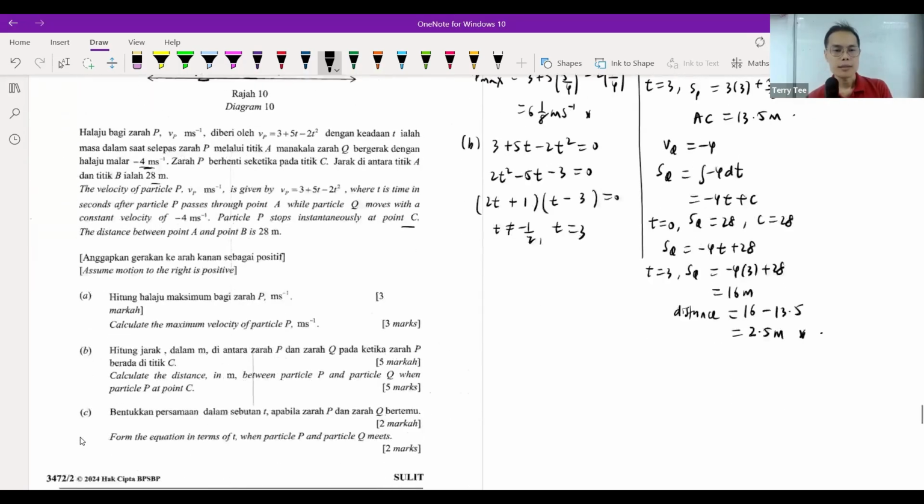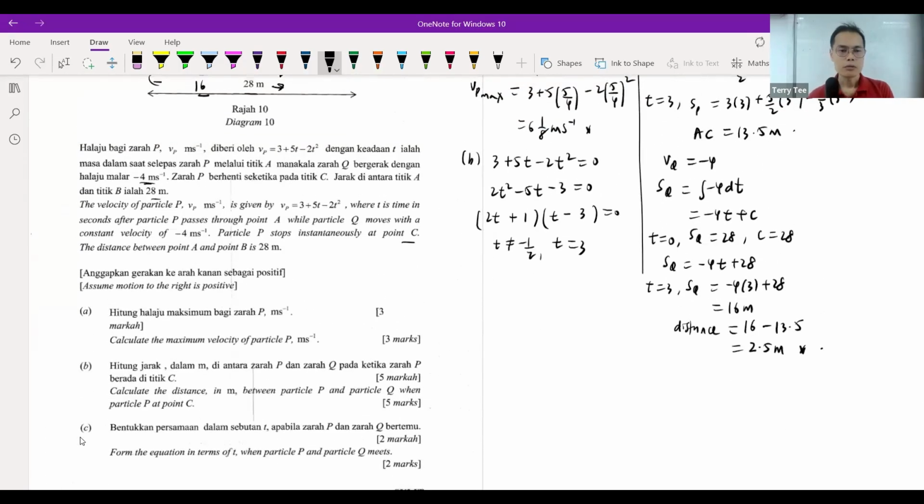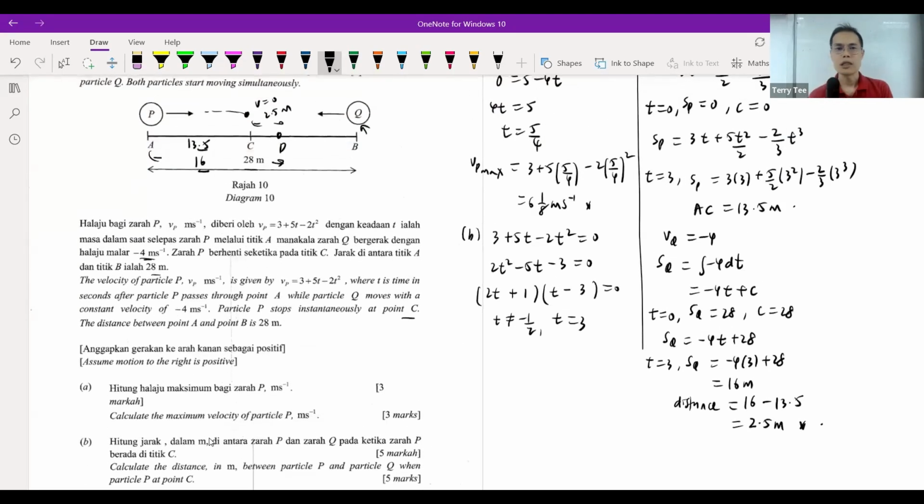All right, lastly, form the equation in terms of t when particles P and Q meet. Now, we already have the displacement function for both. Displacement function for P is this. Displacement function for Q is this. When they meet, SP must equal SQ.